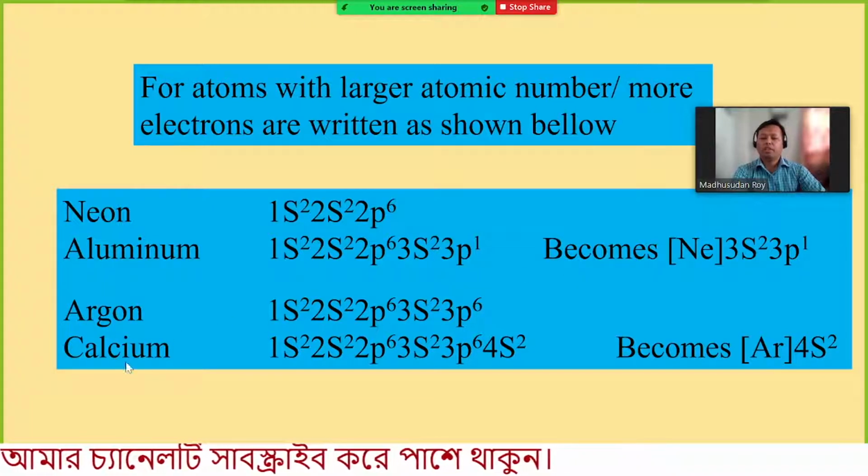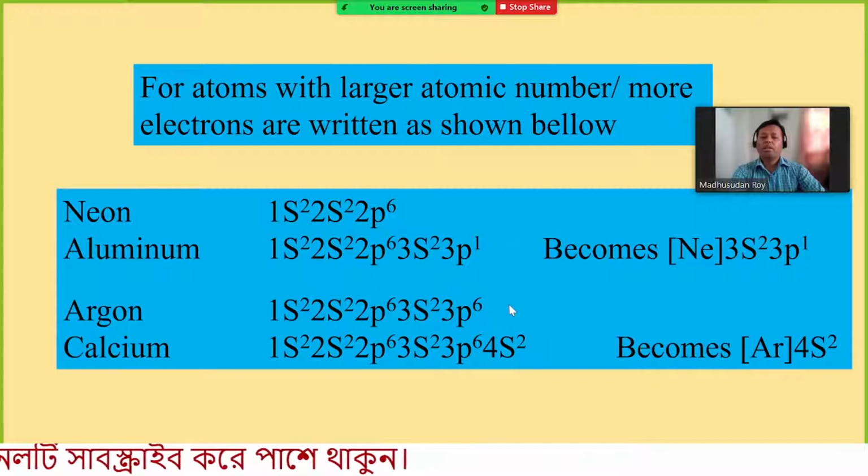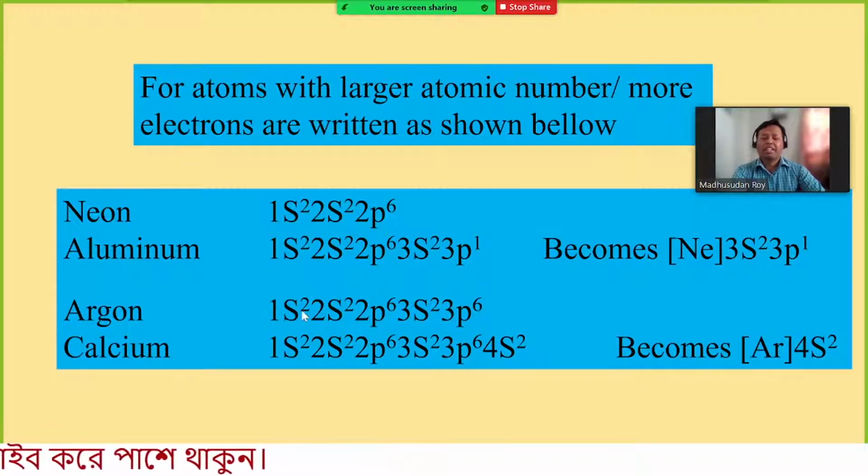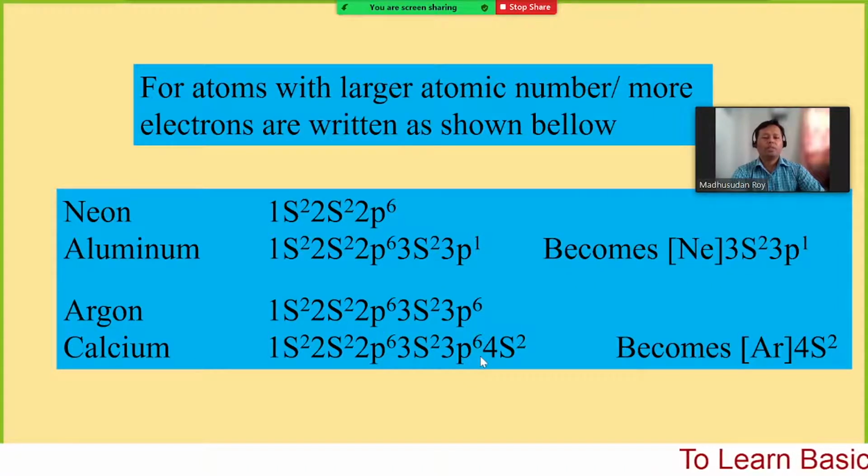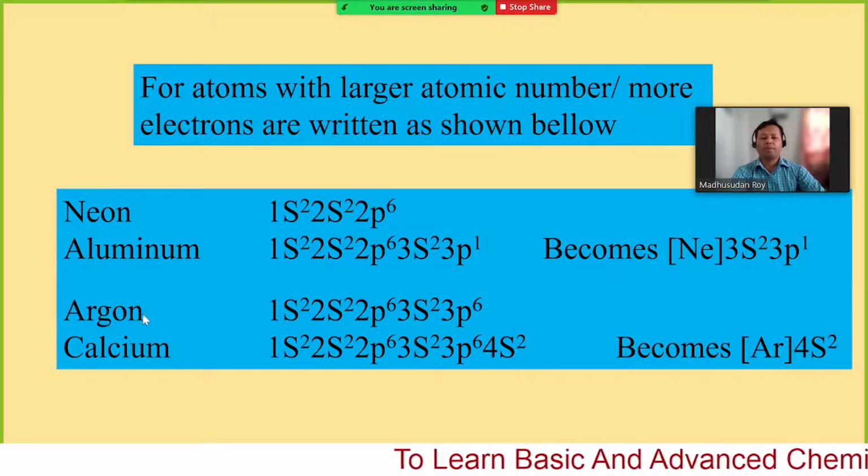Similarly, if you consider calcium, the nearby inert gas is argon. It has 1s2, 2s2, 2p6, 3s2, 3p6. This is the configuration of argon. Now if you want to write down the electronic configuration of calcium, the atomic number is 20, so it has 2 electrons more compared to argon.